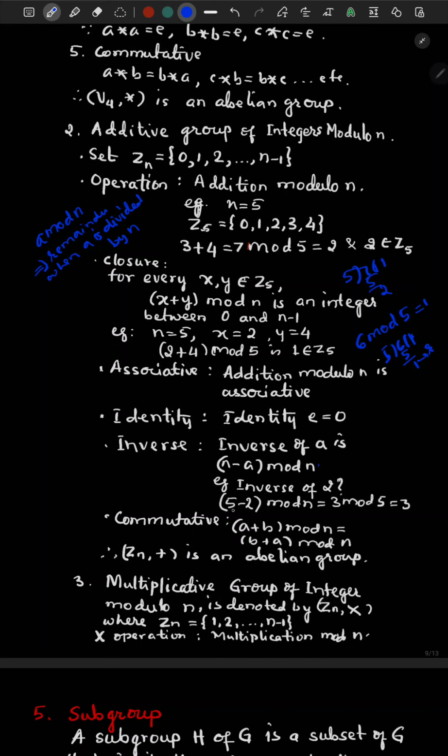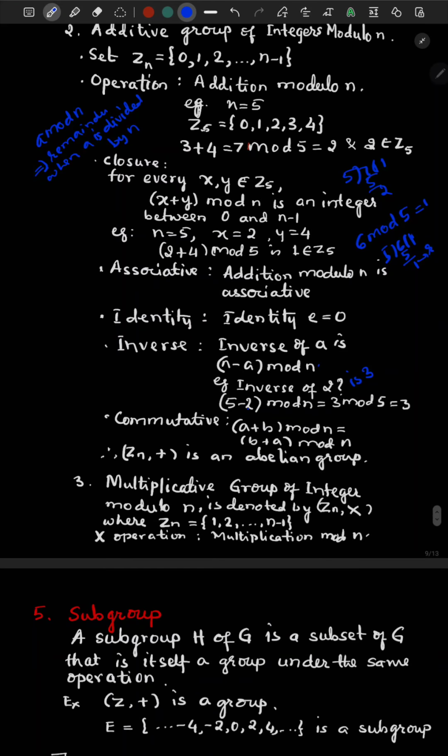Say if you fix n as 5, take any element from Z5, for example 2, then 5 minus 2 mod n. 5 minus 2 is 3, and 3 mod n is 3 itself. So 3 is the inverse of 2. The commutative property is also true. Hence Zn under plus is an abelian group.